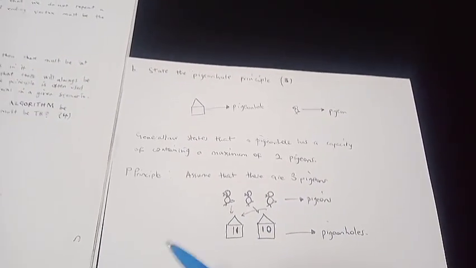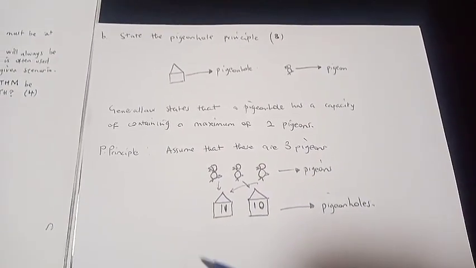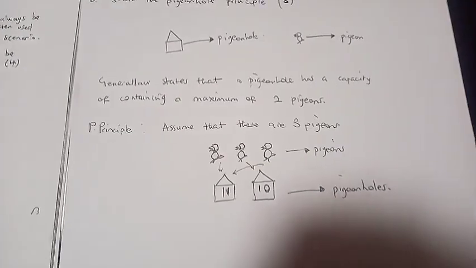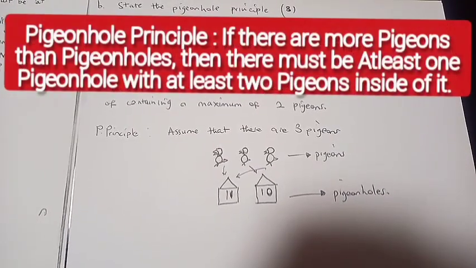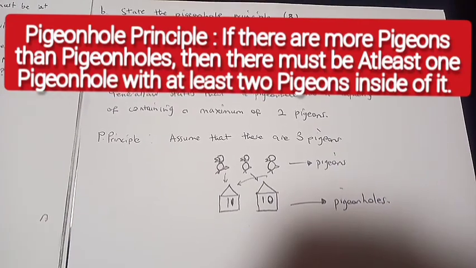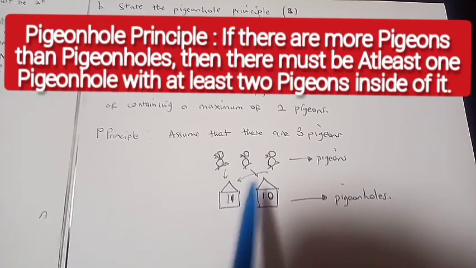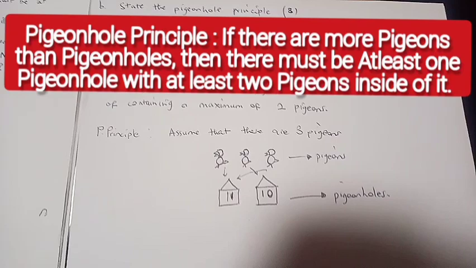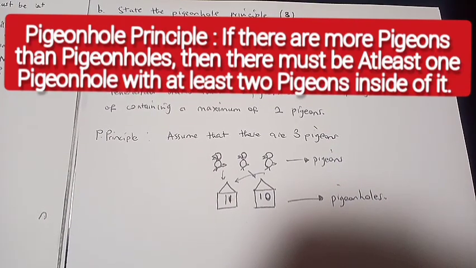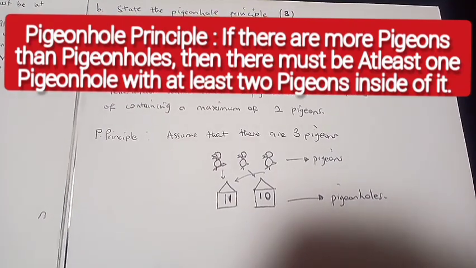Now this brings out the principle of the pigeonhole principle. It states that if there are more pigeons than pigeonholes, like this scenario, where we have 3 pigeons, more than the pigeonholes, then there must be at least 1 pigeonhole with at least 2 pigeons in it.